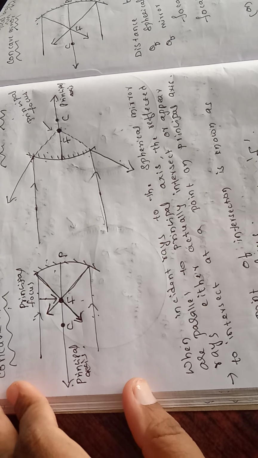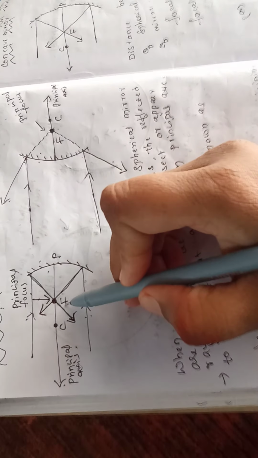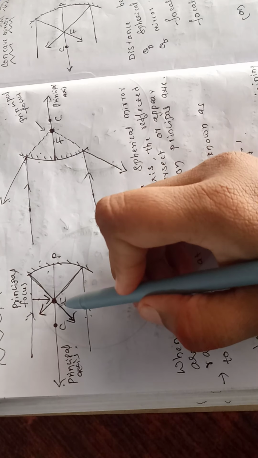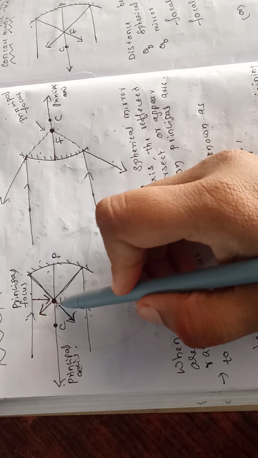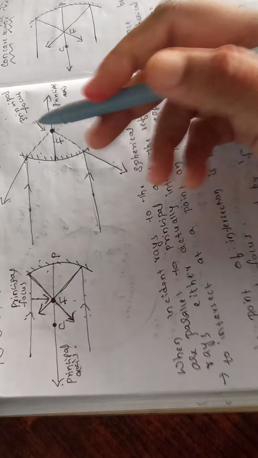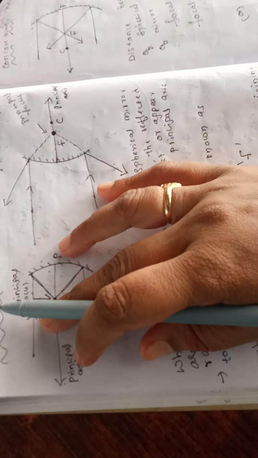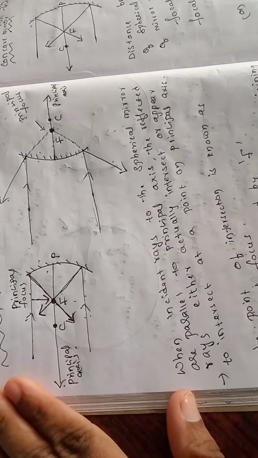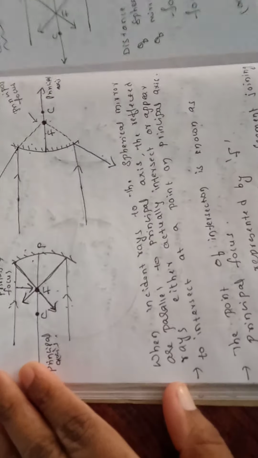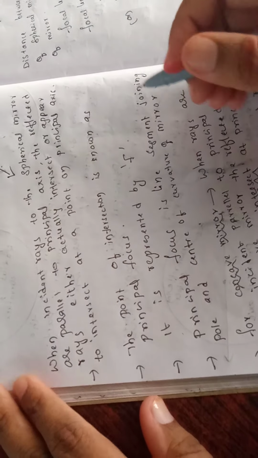So here, in the case of the concave mirror, actual intersection of rays takes place. Here, imaginary intersection, or apparent intersection, takes place in the case of the convex mirror. Right? So the point of intersection, either here or here, we call the principal focus.